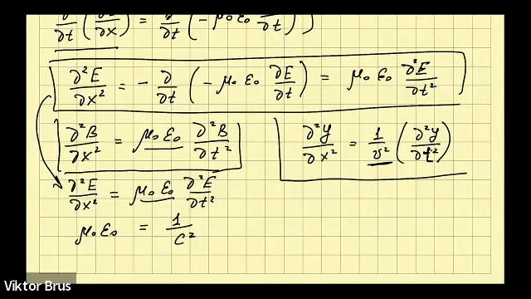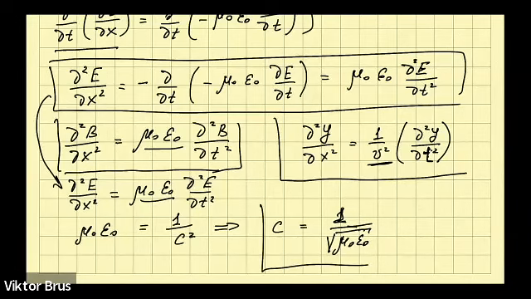If we make this assumption, we can express this speed as 1 over the square root of the product mu naught times epsilon naught.